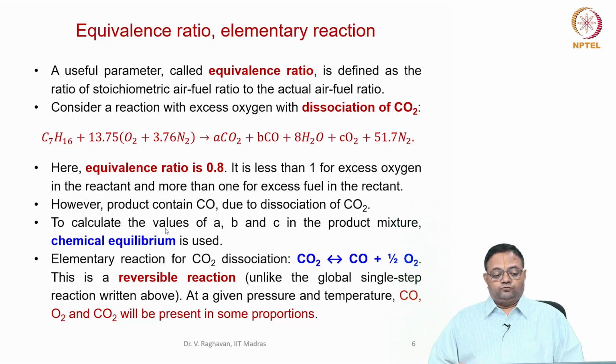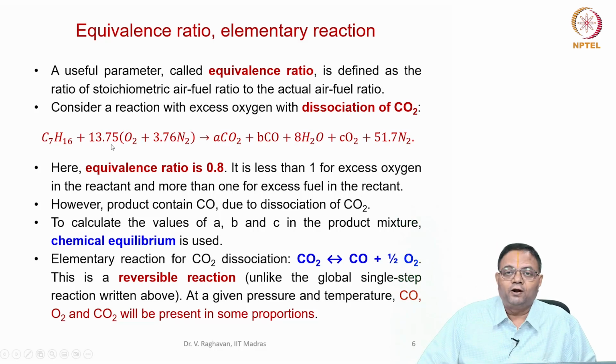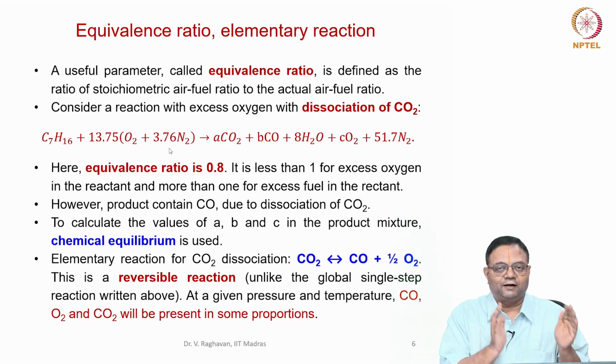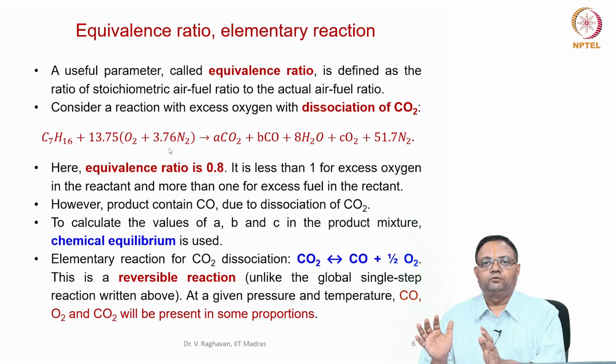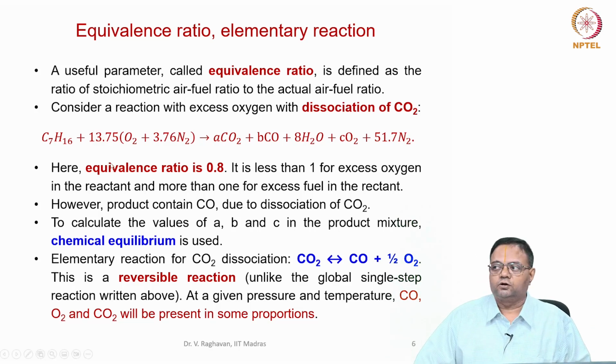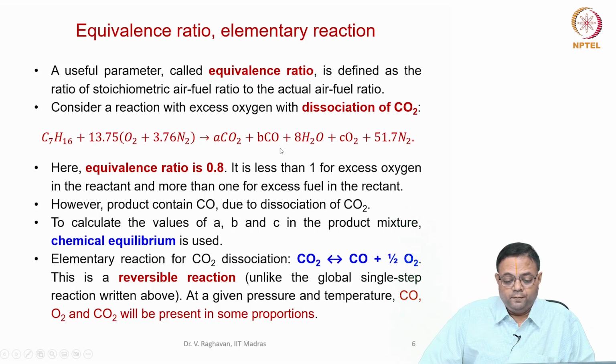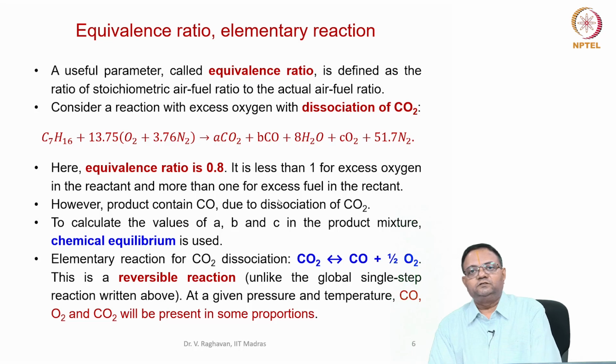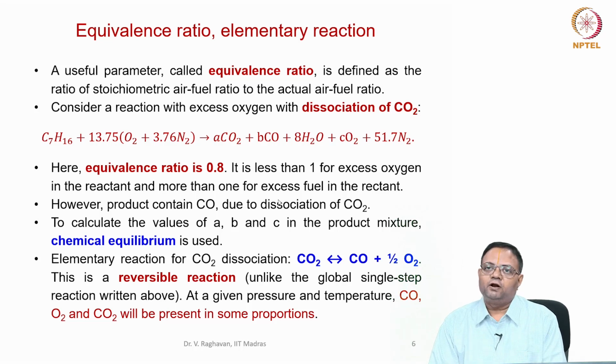Okay, so on one hand we have the global equation, which is written in this form, where globally, or as a mechanism, the reactant side species and product side species are listed in one shot, in one equation. But we also need the elementary reaction, which is defined for several processes.